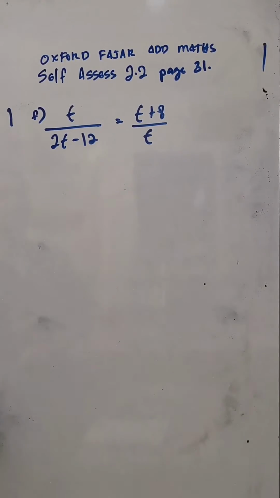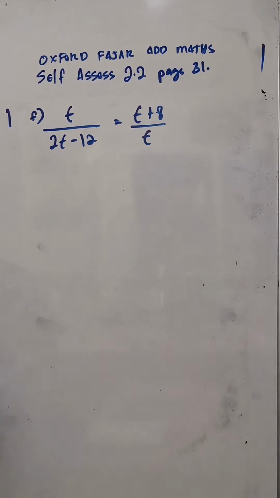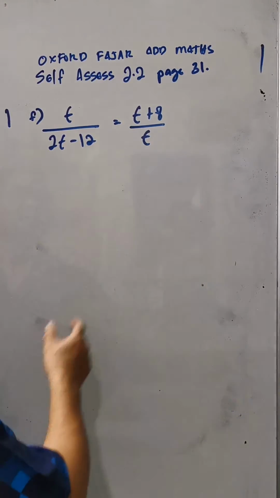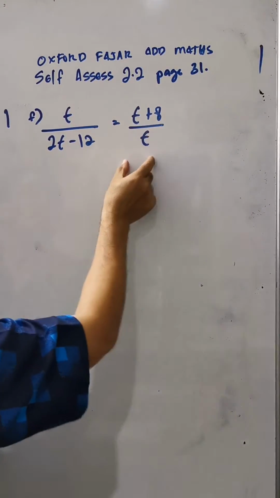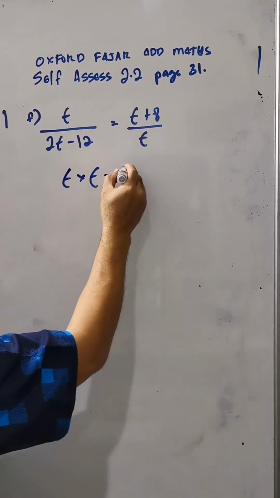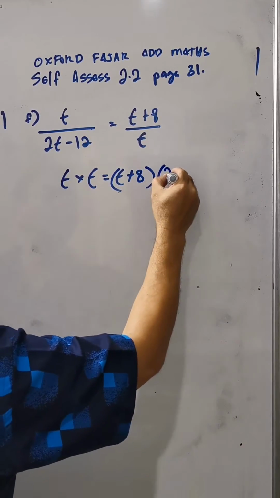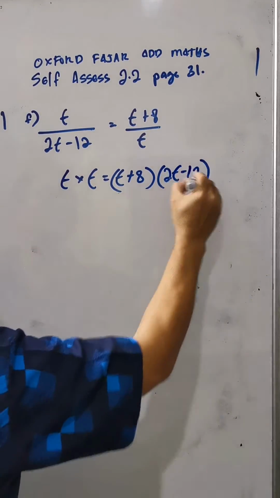Question 1F: t over 2t minus 12 equal to t plus 8 over t. You cross multiply this side, bring to the other side this multiple. So t times t equals t plus 8 times 2t minus 12.